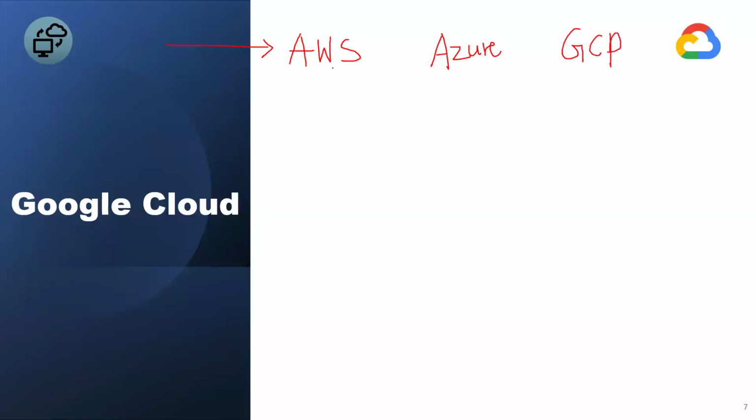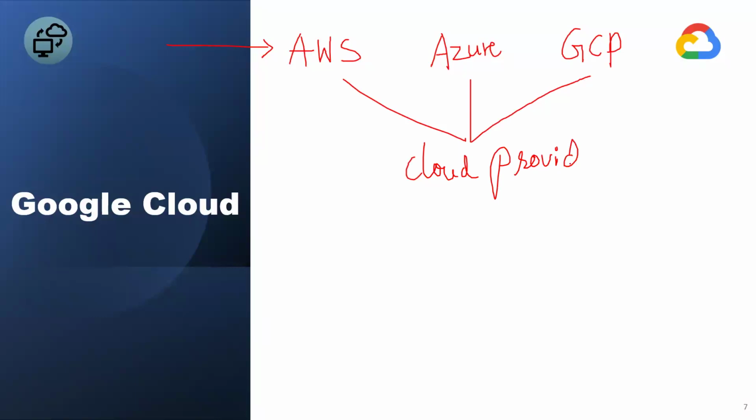Okay. Sir, AWS, Azure, and GCP, all these three are leading cloud providers. The name itself is saying cloud provider. Cloud provider means they provide cloud computing services.